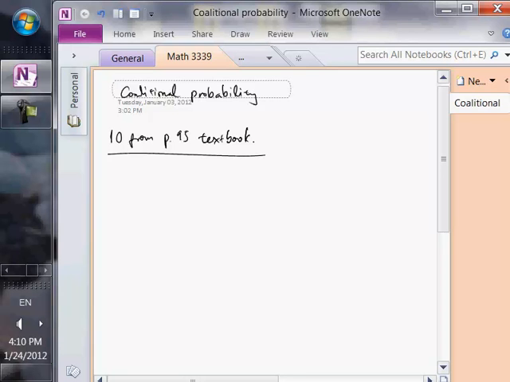So in problem 10, we have two different sets, and we know their probabilities. The probability of A is 0.4, the probability of B is 0.5, and we also have the probability of the intersection.